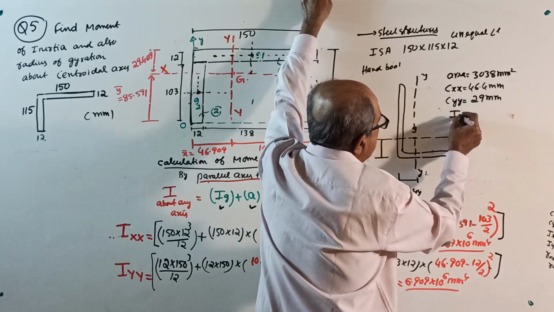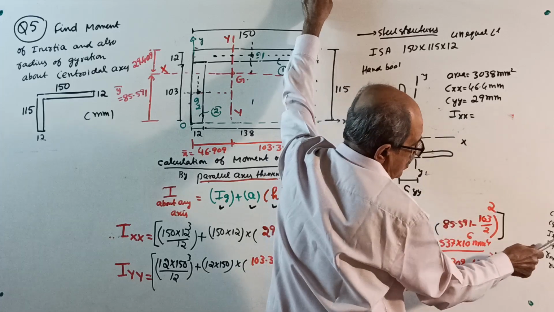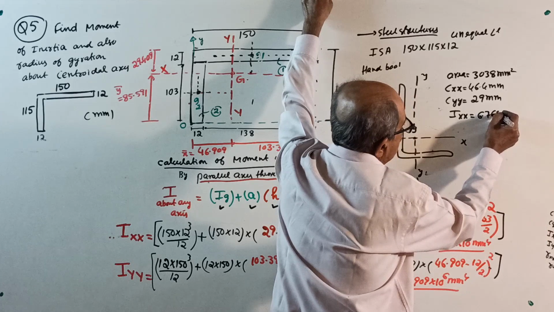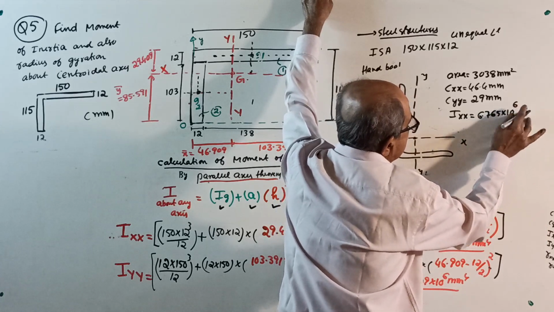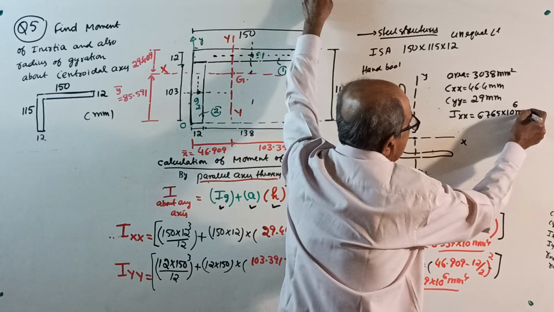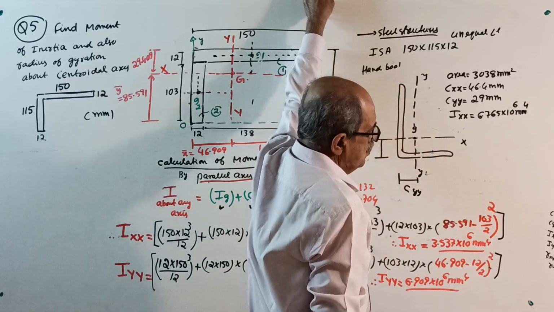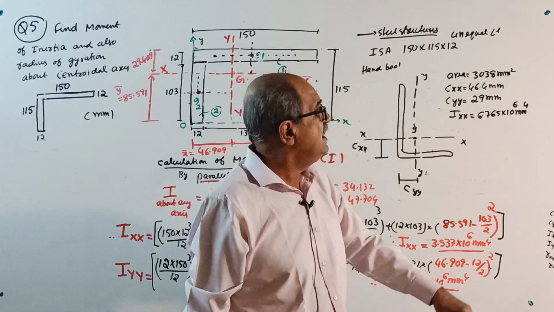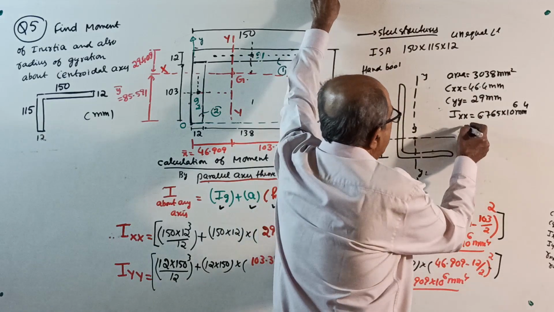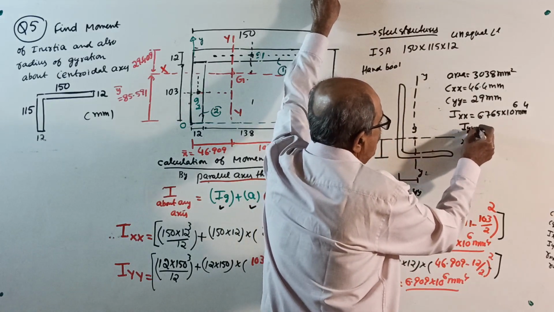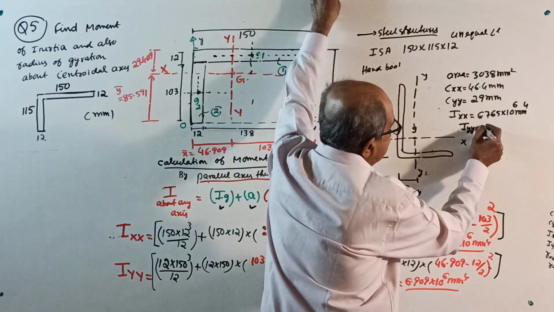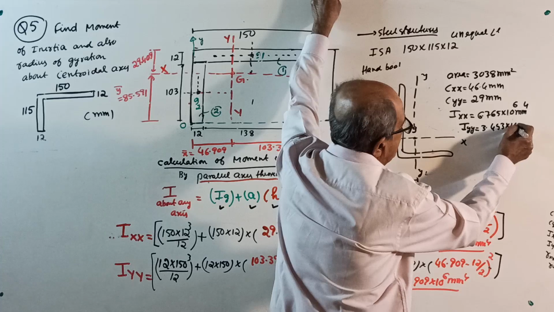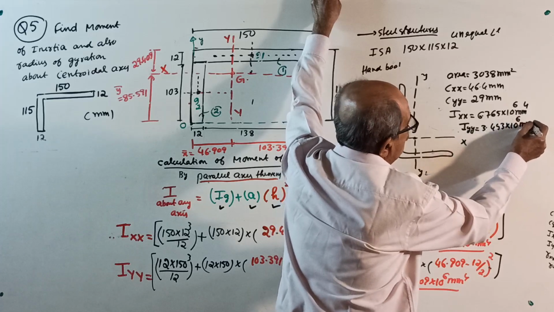Then they told I about xx equal to 6.765 times 10 to the power 6. Actually, 10 to the power 4 they gave, millimeter power 4. They told 676.5 centimeter power 4. I converted to millimeter. And then they printed Iyy there, 3.453 times 10 to the power 6 millimeter power 4.